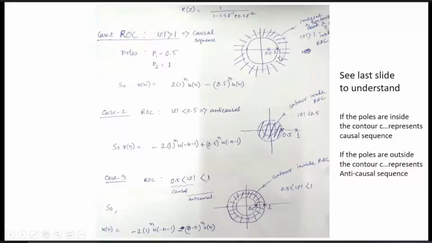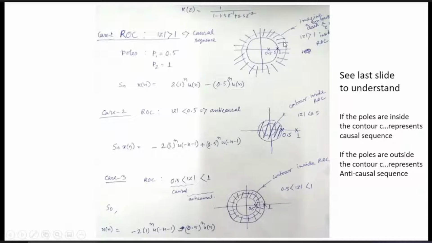Now, how to find out which pole represents what sequence, meaning causal or anti-causal. For that, you have to imagine a closed contour within the region of ROC.